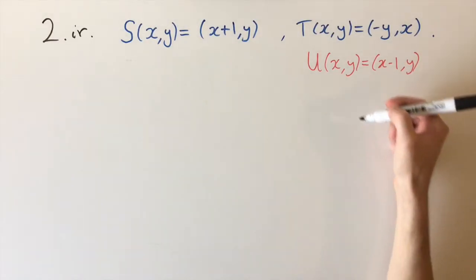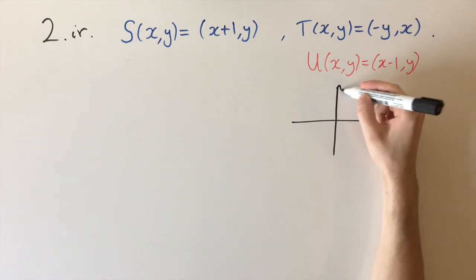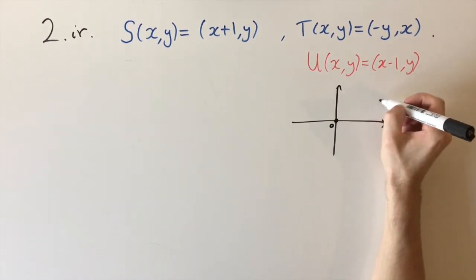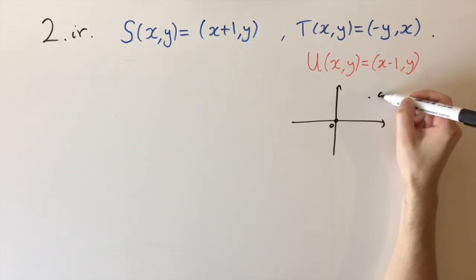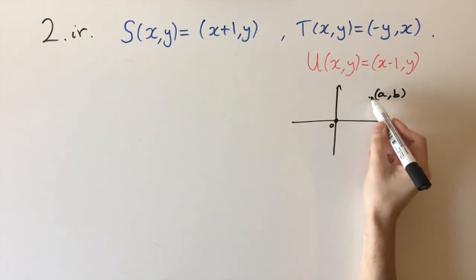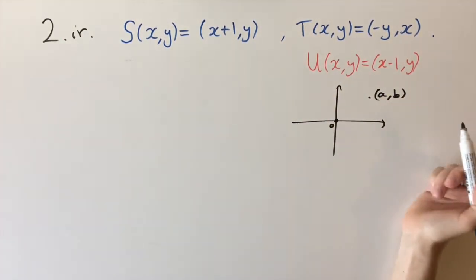Okay, let's think about what this question is really asking us. If we draw the xy plane, we're told that if we start at the origin, the point 0, 0, and we have an arbitrary coordinate, let's call this a, b, that there is some path to get here from 0 to a, b using applications of s and t.